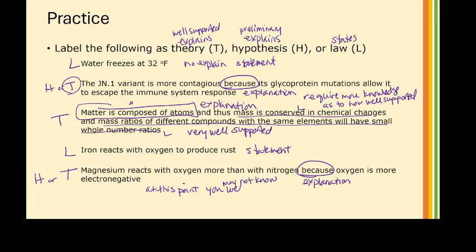At the end of this course, you will. So I'm going to say theory. However, if you recognize that this is an explanation and it's a hypothesis or a theory, I'm quite happy.